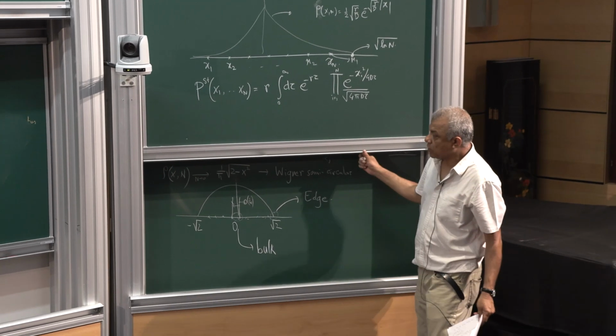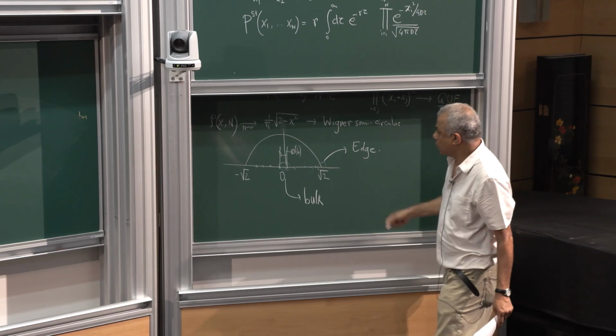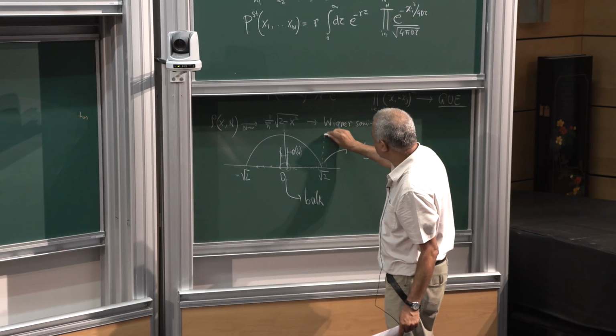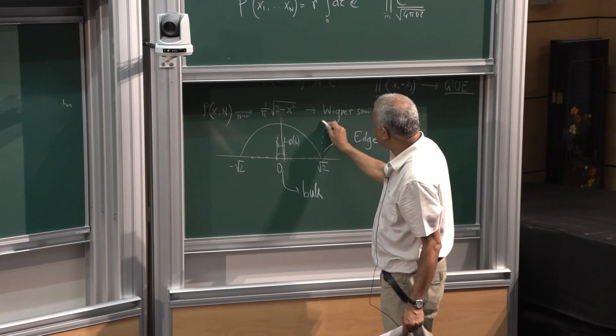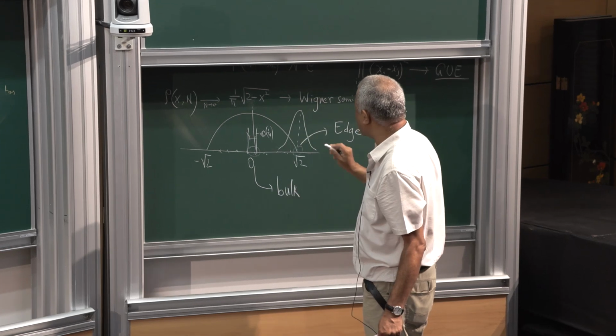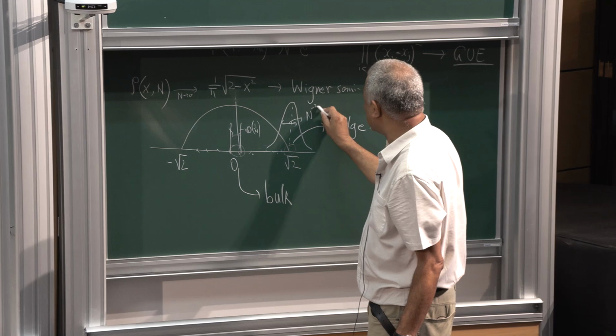This is very different from the log gas, because in the log gas, as you know, if I look at the maximum, which is k equal to 1, the maximum has a Tracy-Widom distribution. There is a scale here, which is of order n to the power minus 2/3.